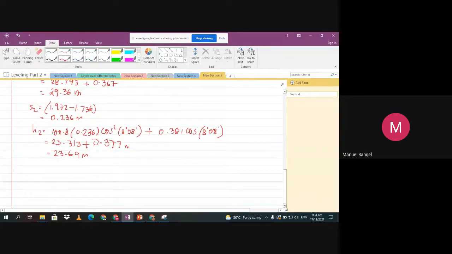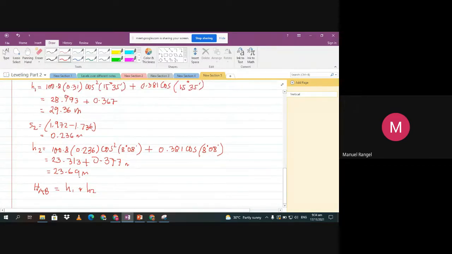Now, so line AB, isi-add lang tong duha ka value sa H or horizontal distance. So H1 plus H2, that is 29.36 plus 23.69 equals to, answer 83.05.